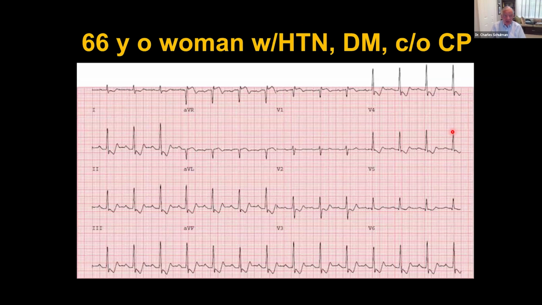Okay, here's a 66-year-old woman with hypertension and diabetes who complained of chest pain. Now, she's got really widespread ST depressions. Lead 1, more in 2, 3, AVF, V4 through V6.